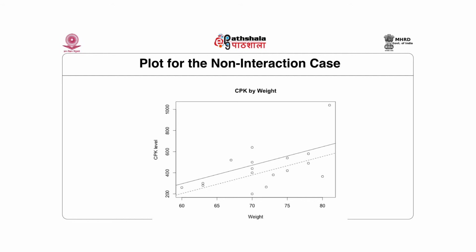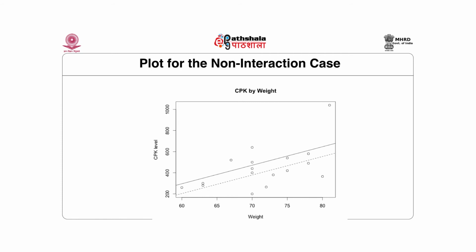This is theoretically driven because we reasoned that there is no real reason to think that age and weight were interacting in this particular case. So we just left it at that.